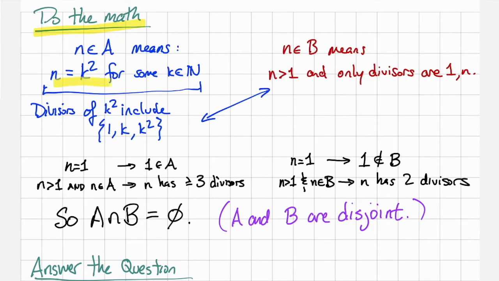An element being in set A means that it's equal to k squared for some natural number k. n being in B means that n is at least 1, and the only divisors of n are 1 and n.